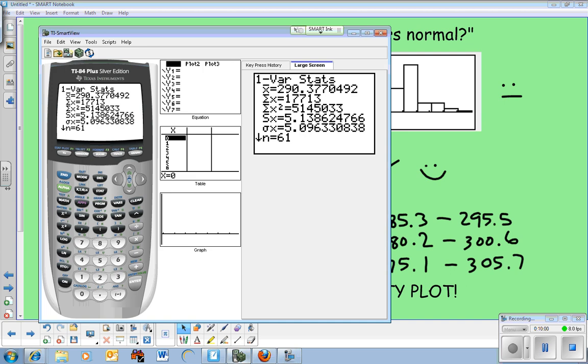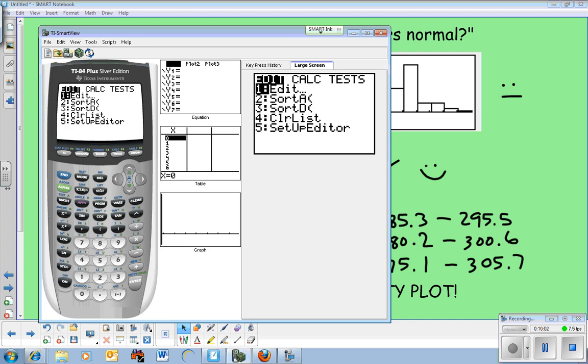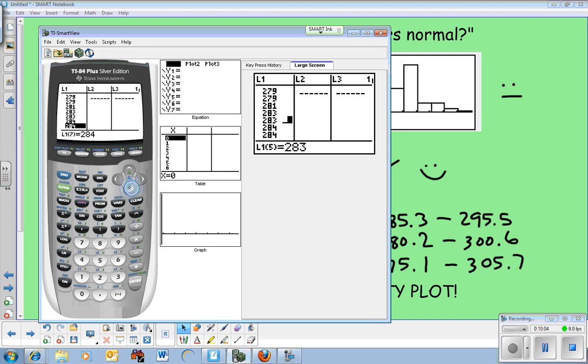286 to 295. So back on my list, 286, the 11th, 2, 3, 4, 5, 6, 7, 8, 9, 10, 11, 12, 13, 14, 15, 16, 17, 18, 19, 20, 21, 22, 23, 24, 25, 26, 27, 28, 29, 30, 31, 32, 33, 37, 38, 39, 40, 41, 42, 43.